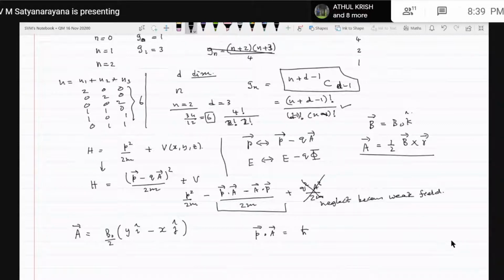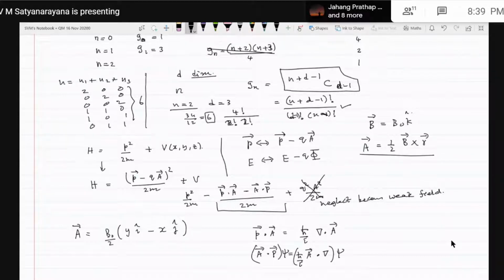is h bar by i into del dot A. And A dot p is A dot h bar by i del. We can understand this only when you operate it on some function psi.